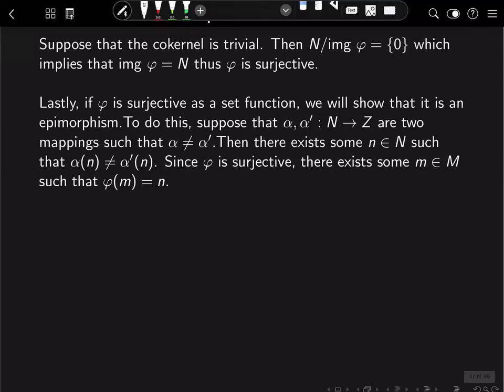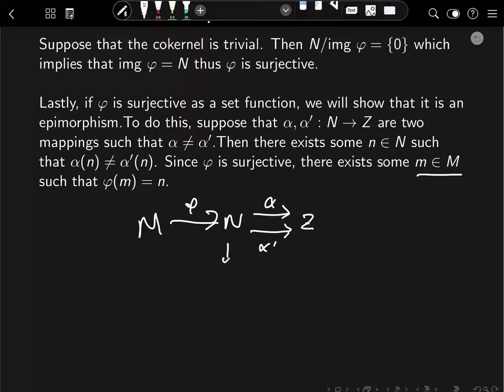Now, since phi is surjective, there exists some m in M such that phi of m is equal to n, right? So essentially what we have here is M, phi, and we have parallel maps alpha and alpha prime onto Z. And we know that for some n in N, alpha of n is not equal to alpha prime of n.